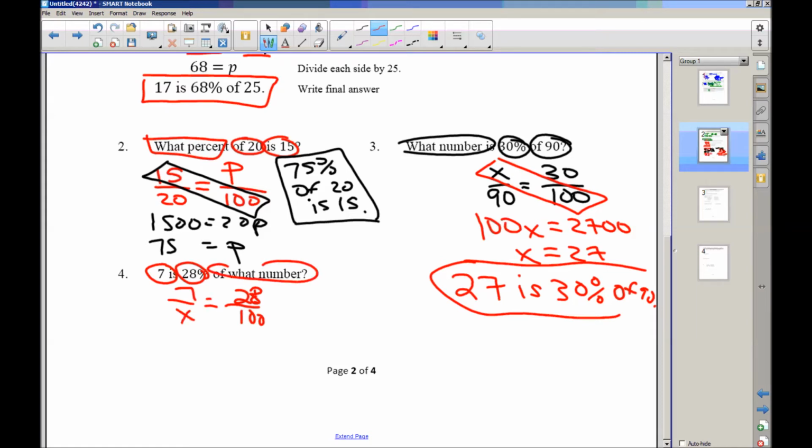So x goes down here for our whole, or our base. So we will cross multiply. We're going to get 700 equals 28x. We'll divide both sides by 28. So 700 divided by 28 is 25. So then we can say something like this: 7 is 28% of 25.